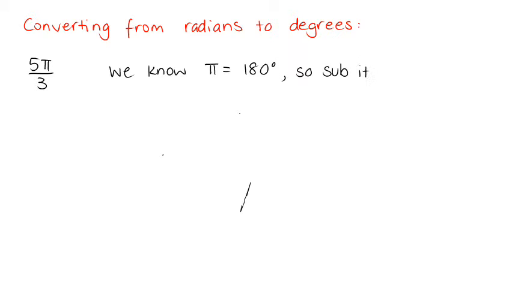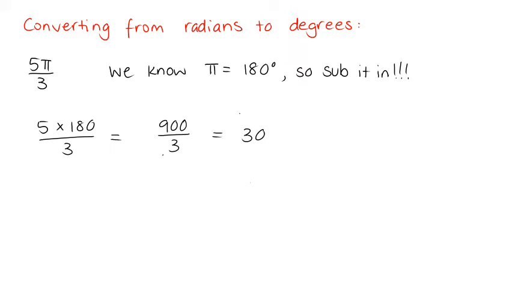So sub it in. So 5 times 180 on 3. Is it 900? How is 5 times 180 just 900? Yeah. Right, which equals 300 degrees.